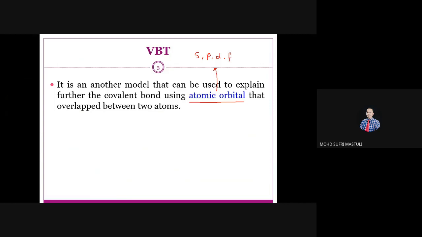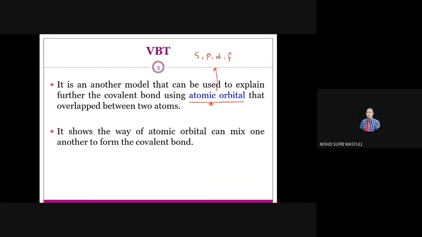Now we try to explain the formation of covalent bonding by using the overlapping of atomic orbitals between two atoms. So the valence bond theory will show the way atomic orbitals can mix with one another to form the covalent bonds.